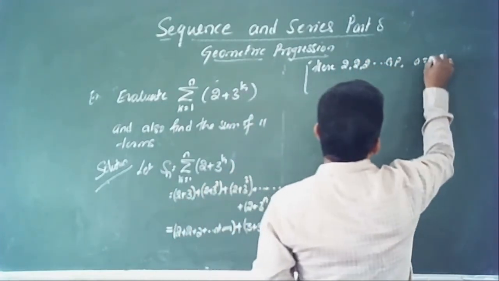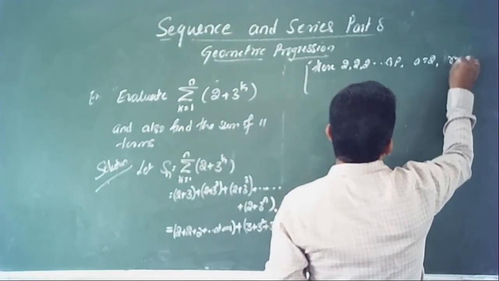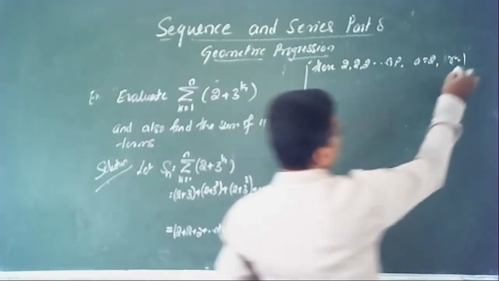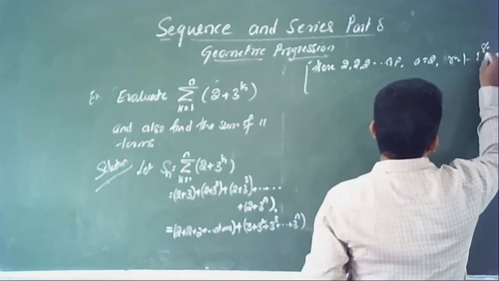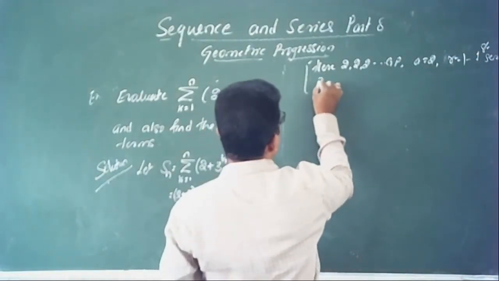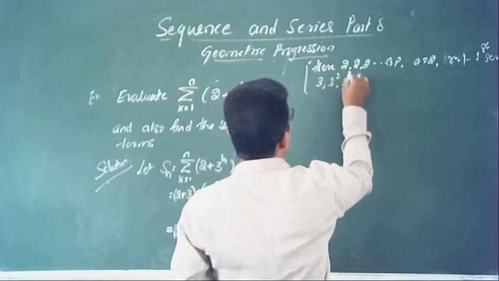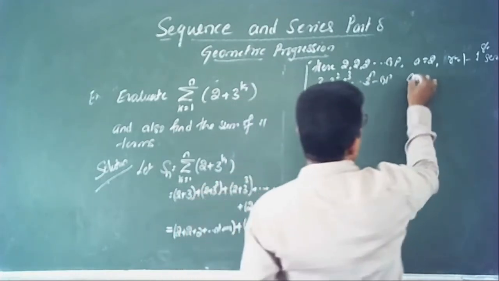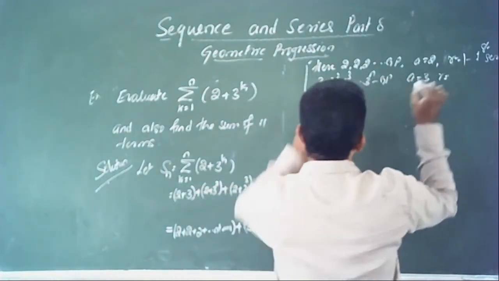A is equal to 2, R is equal to 1. This is the first series. The second one: 3, 3 square, 3 cube, 3 raised to n. This is also in GP. Here A is equal to 3. What is the value of R?